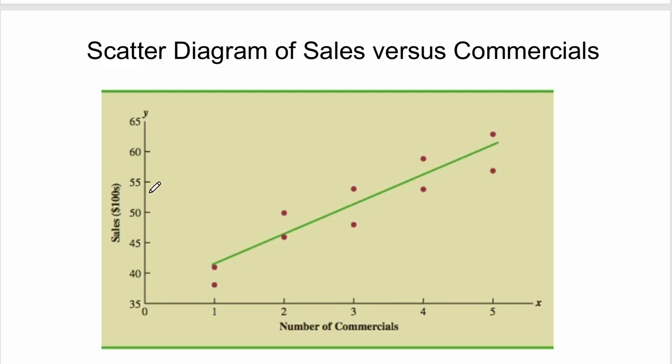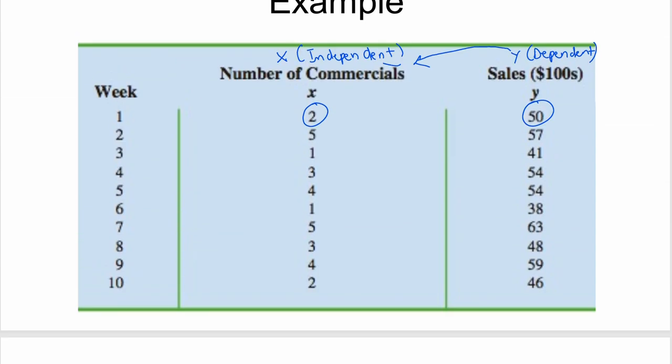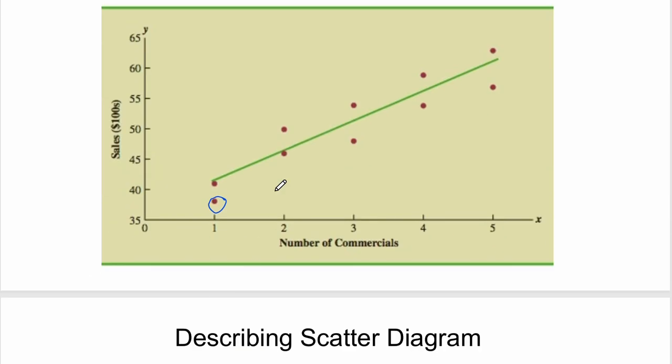And then over here on the right, which is the dependent y response variable, we have sales. This data point here is represented by the value of X and its corresponding value of Y. And so over here, we see the data point for 41.